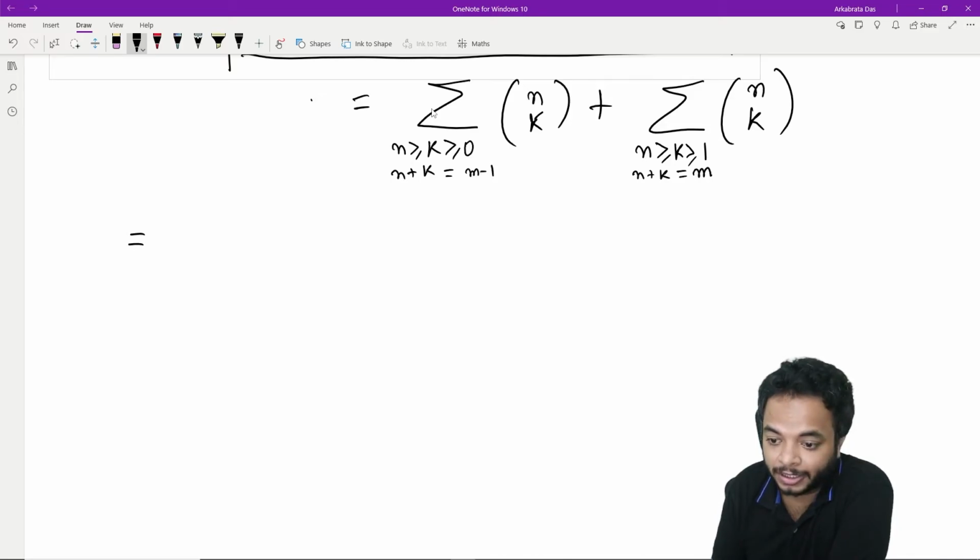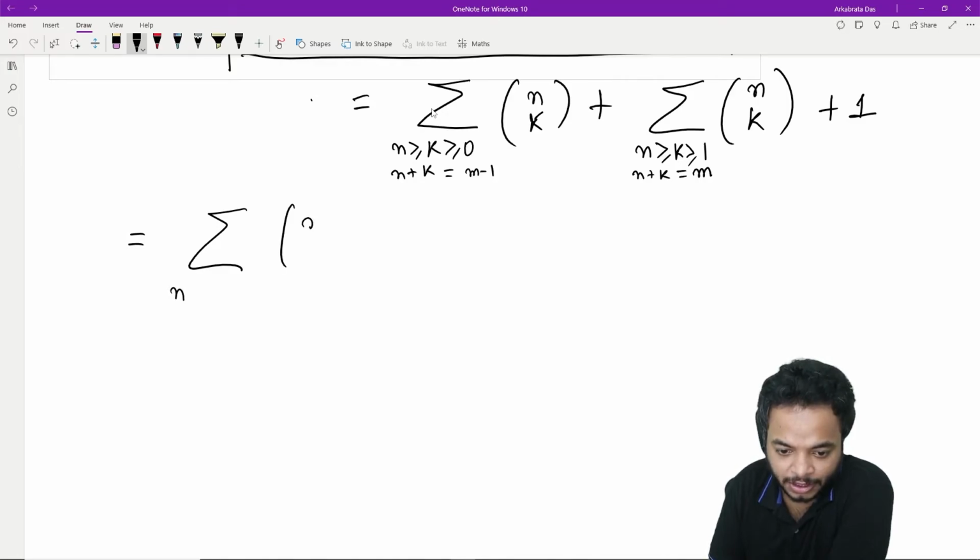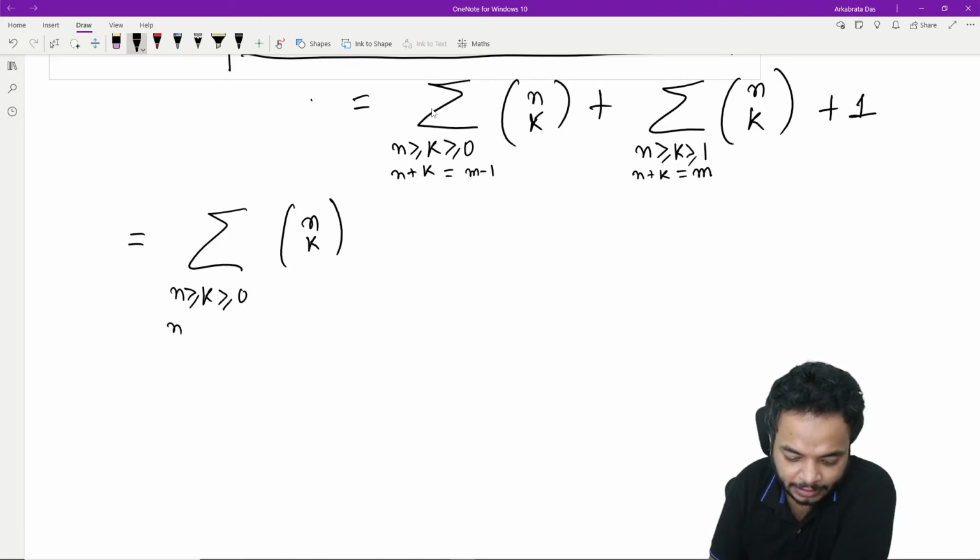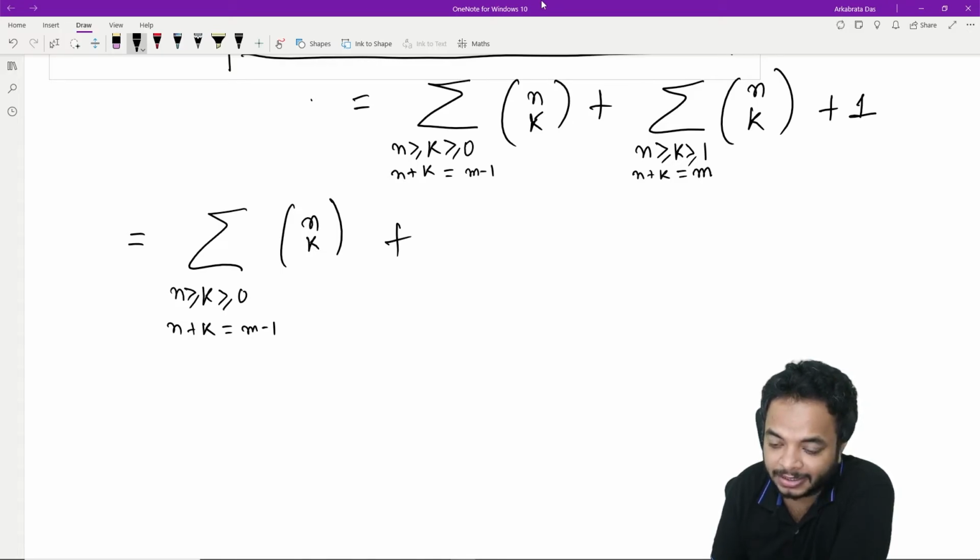Okay, there was also 1 plus 1. So now this is equal to summation n choose k, n greater than or equal to k greater than or equal to 0, and n plus k is equal to m minus 1. Okay, and the other one, I'll just bring the 1 again inside and make k equals 0.